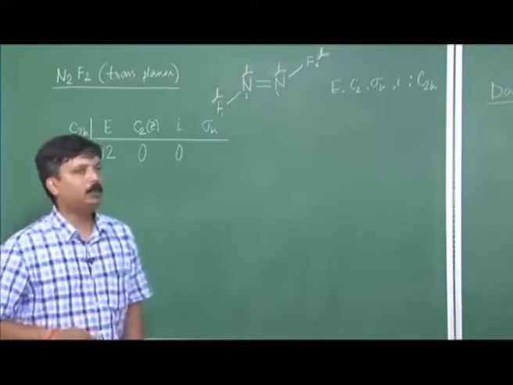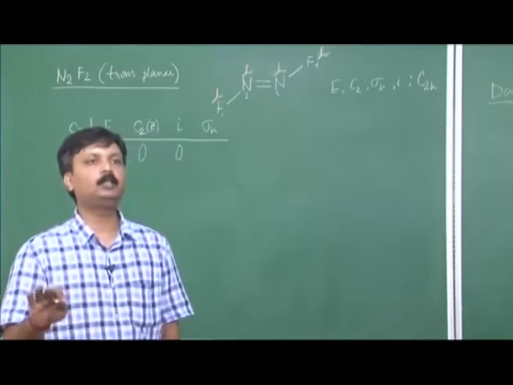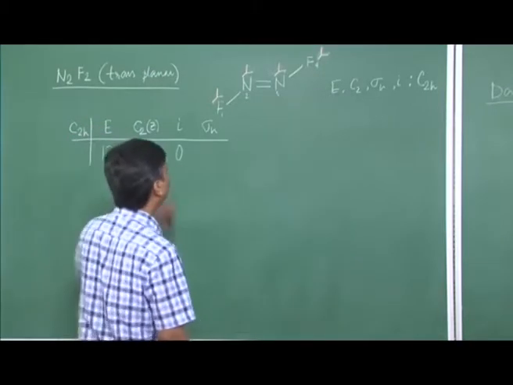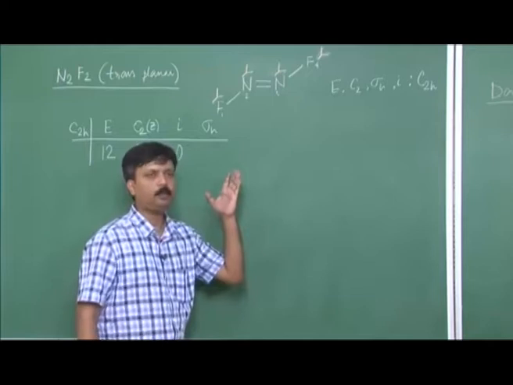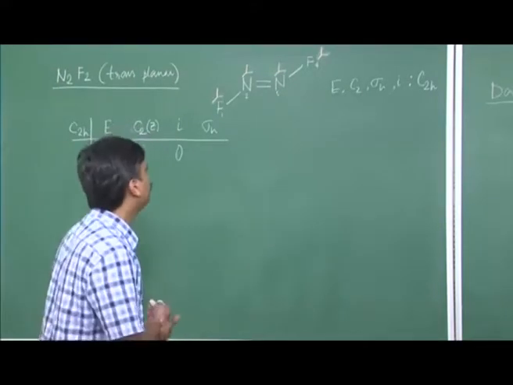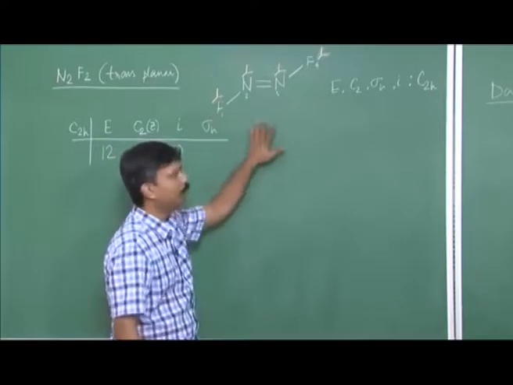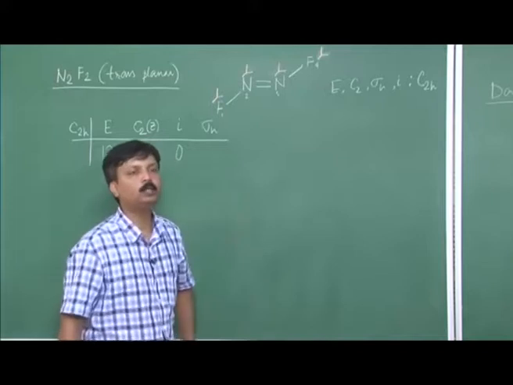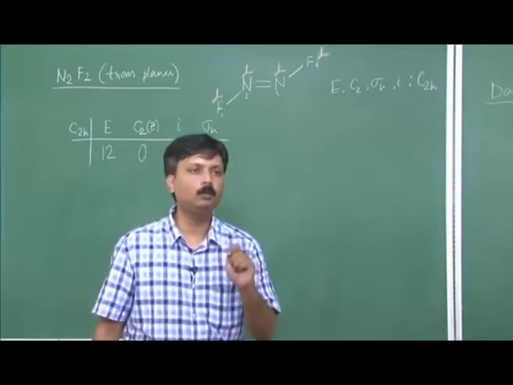And sigma h, what will it do? Sigma h will not disturb any of the atoms in the molecule. Therefore all the basis functions will contribute to the diagonal. Now by what amount? This sigma h plane is nothing but the xy plane. So x and y coordinates will contribute 1 each.